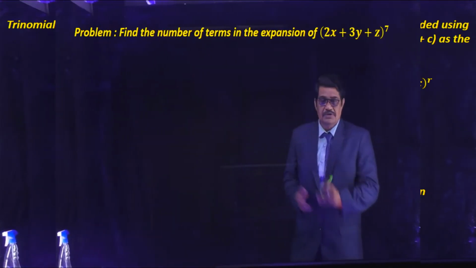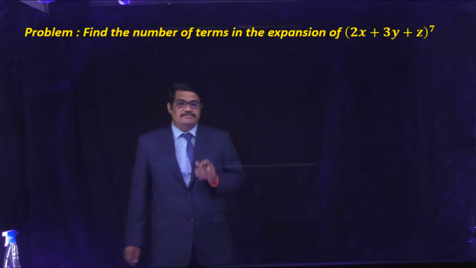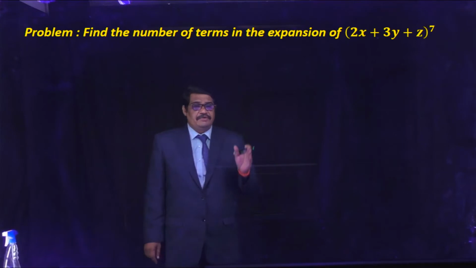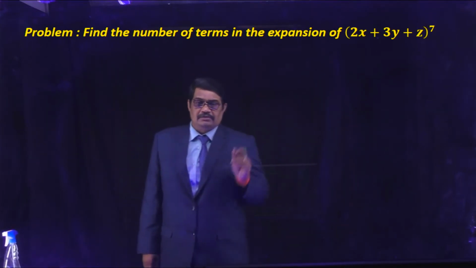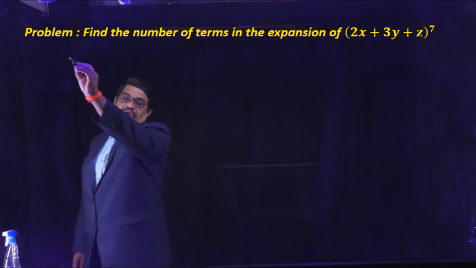Okay, see the problem. Find the number of terms in the expansion of (2x + 3y + z)^7. This is our problem. See the solution.